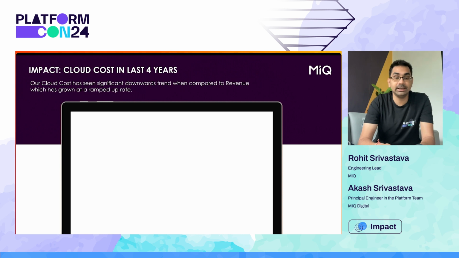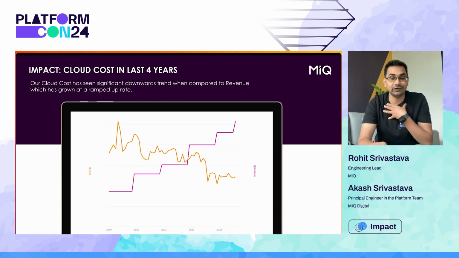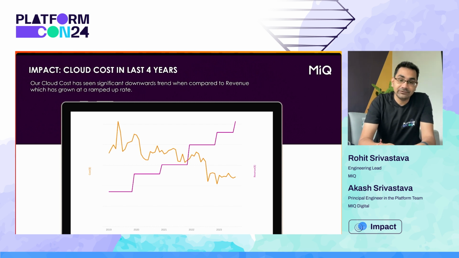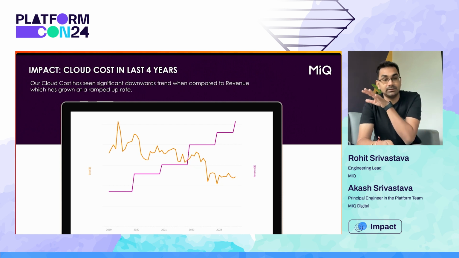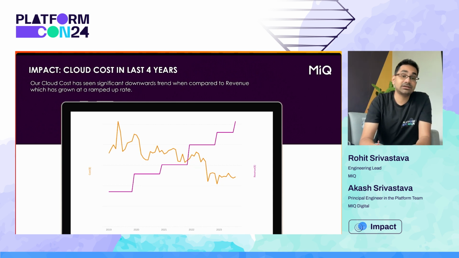And just to move on quickly, while we measure cost per GP, this is a beautiful graph that, to be honest, each of us is very proud of. As you can see, the revenue continues to grow in a very sustainable manner, but the beauty of this is that the product and tech infra cost has actually gone down, right? And this summarizes beautifully all the good things that Akash has talked about, right?